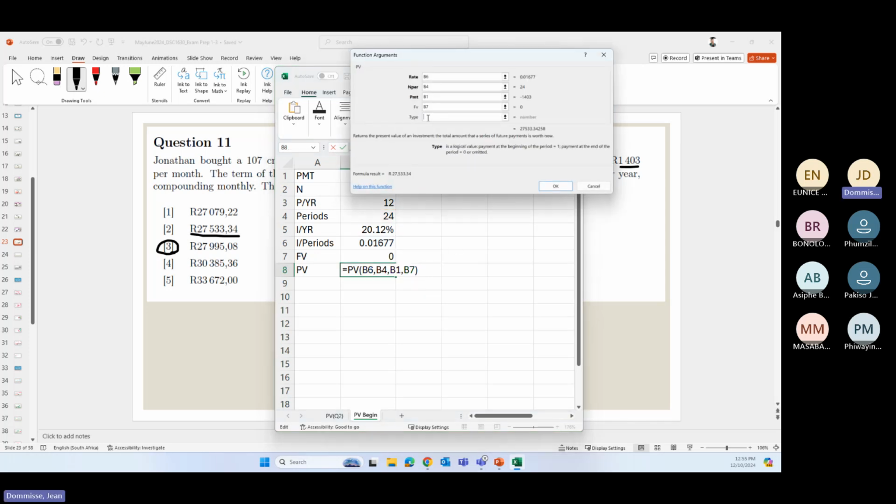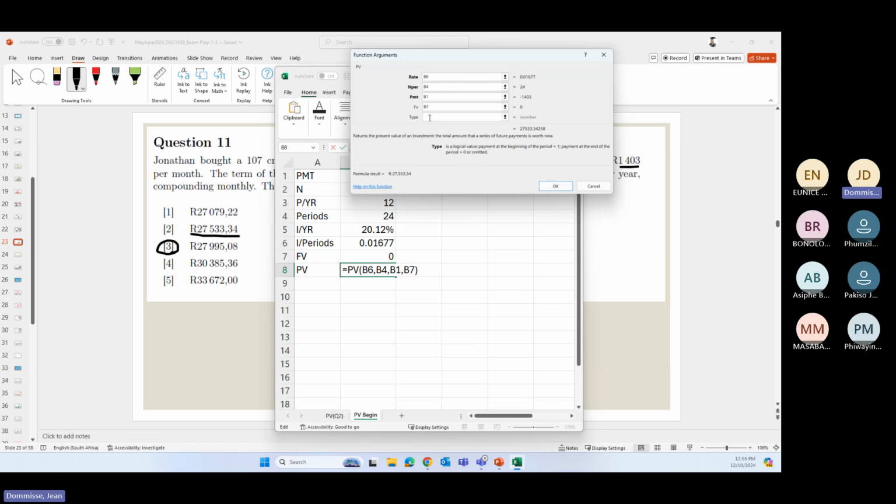And look at, here's a type. I can't make that bigger, but where it says type, it is a logic value: payment at the beginning of period, you put 1, payment at the end of a period, you put a 0 or you omit it. I've always just omitted it.